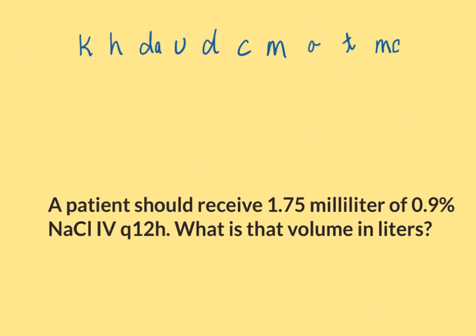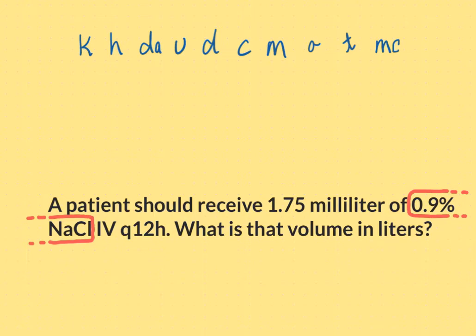So let's take a look at this situation. A patient should receive 1.75 milliliters of 0.9% sodium chloride IV every 12 hours. What is that volume in liters? Okay, something I want to point out to you is that the information that I have circled there, although it contains a number, it contains a percentage, it's actually not part of the problem we're working.